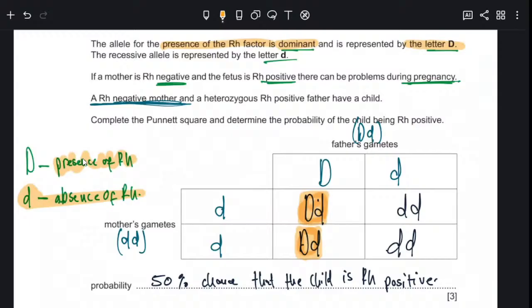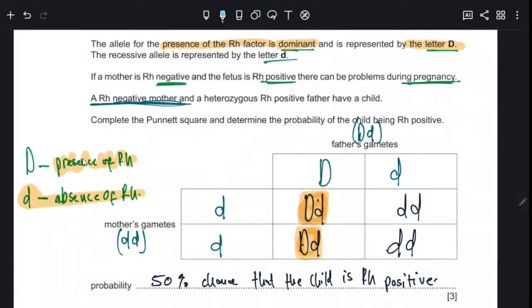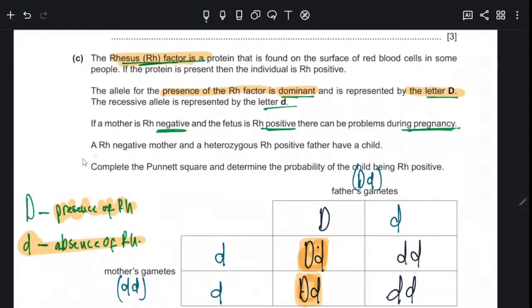Why did you ask that question, about do you take the dominant and place them at the top? Where? Here, this one. The one you are questioning is this one. This one is because we have two. What we put in here is what we are told. Here we were told that we have an RH negative mom.